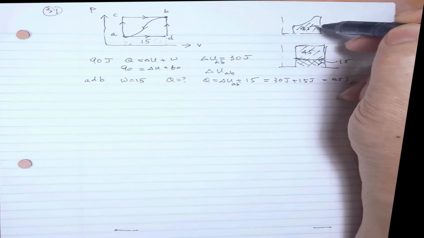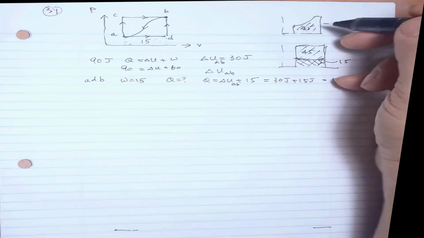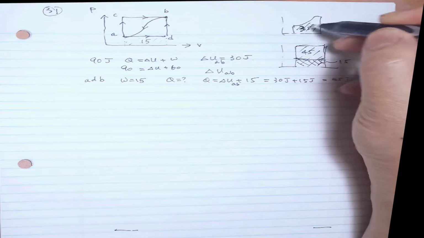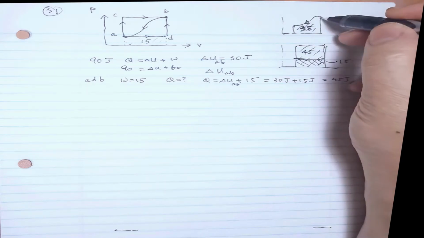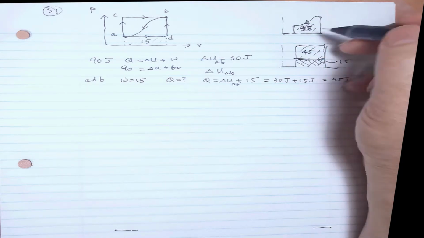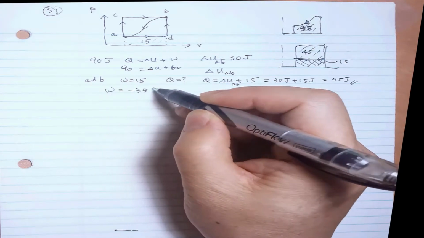They said that this is 35, but they didn't say if it's positive or negative. But since it's from right to left, the area is always going to be negative. So therefore, W should be negative 35 joules.